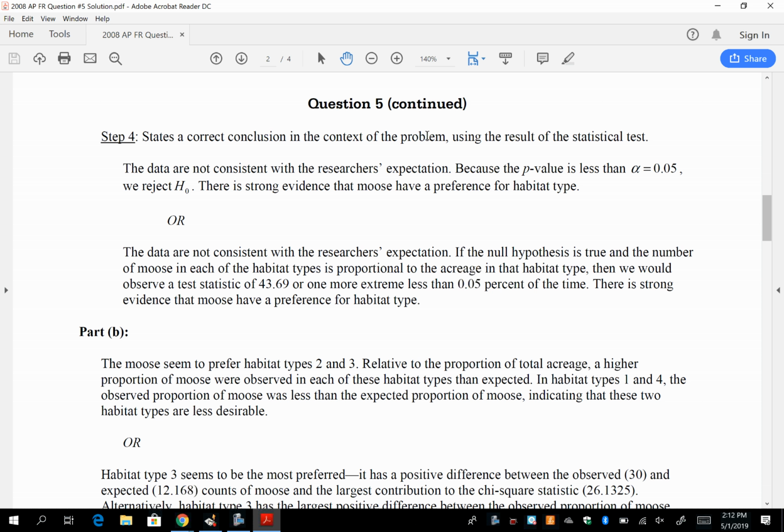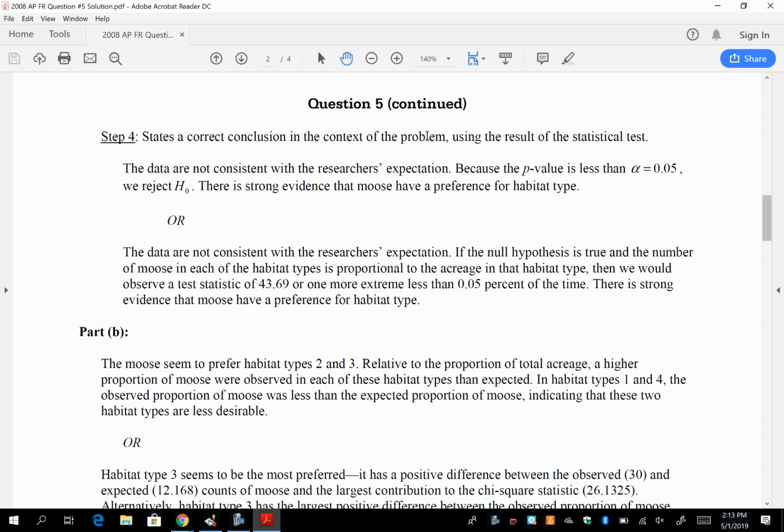If you flip it over to the next question from 2016, did anybody get a chance to look at part B? Sometimes they'll ask you, after you make a conclusion, to then write a sentence based on what you saw in the data in that table.